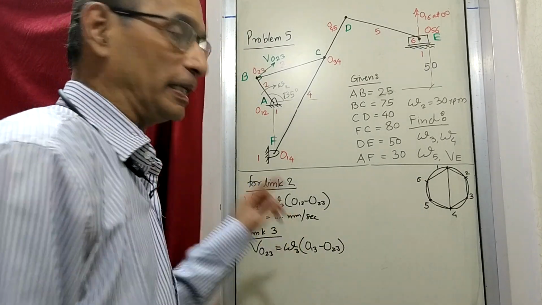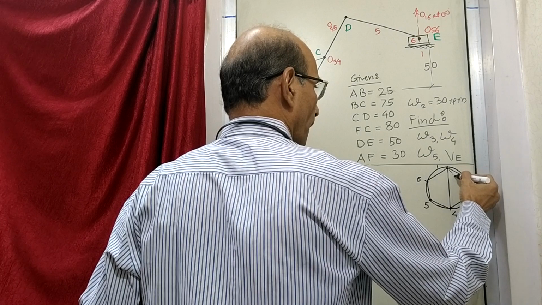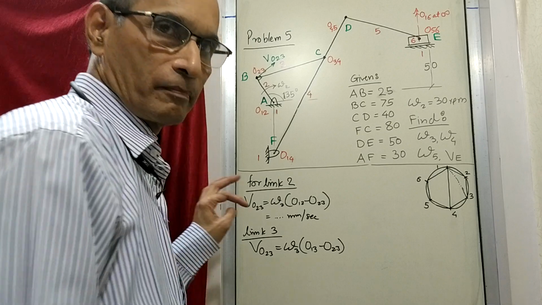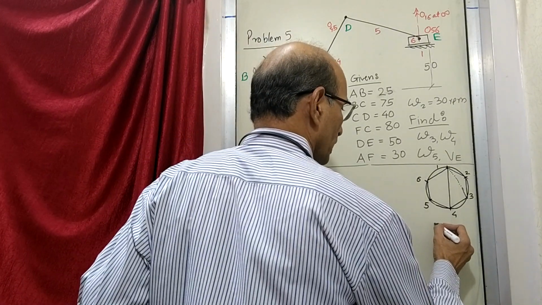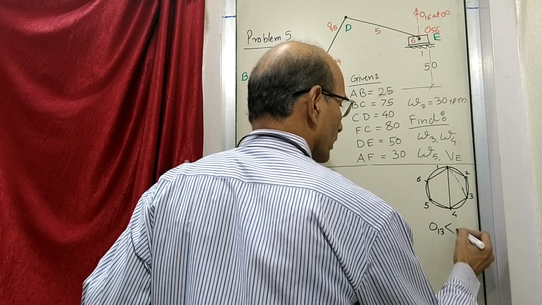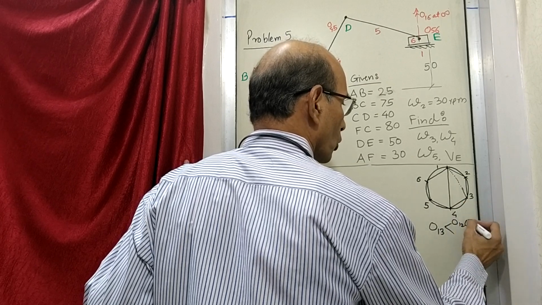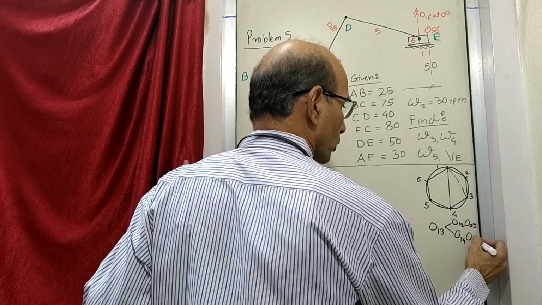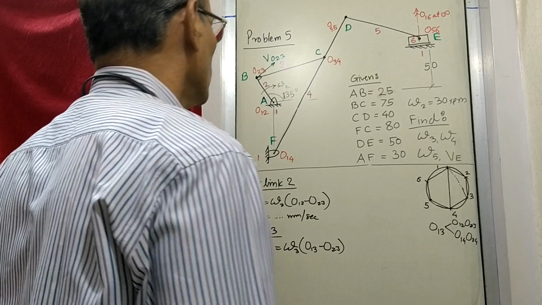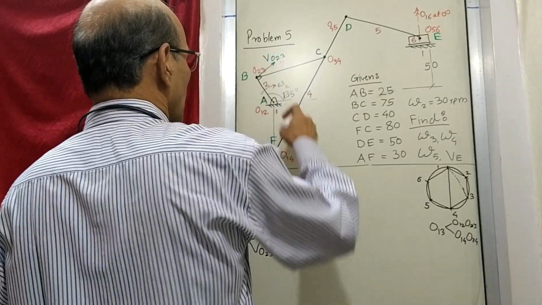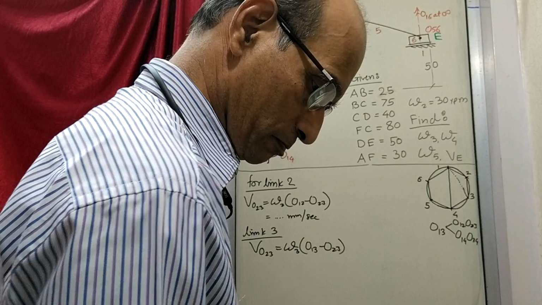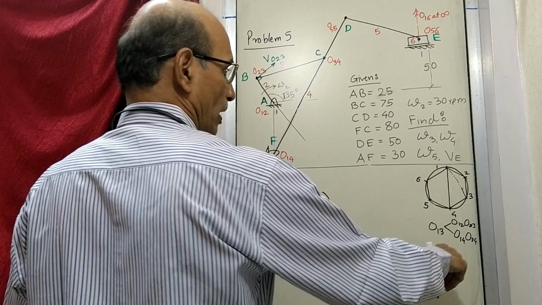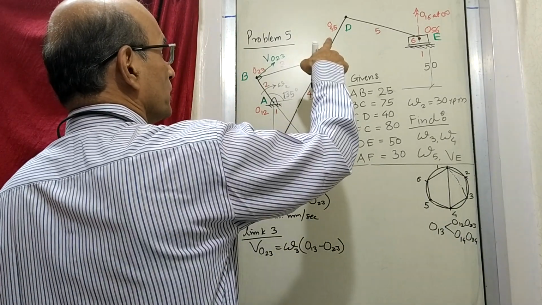Now we want to find 1-3, so we join 1 and 3 by a dotted line. For getting O13, there are O12, O23 and O14, O34. So 1-2, 2-3 is this line, and 1-4, 3-4: 1-4 is here, 3-4 is here, so this line.